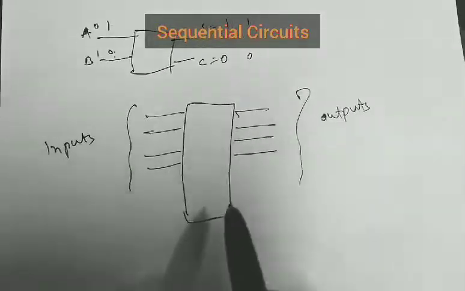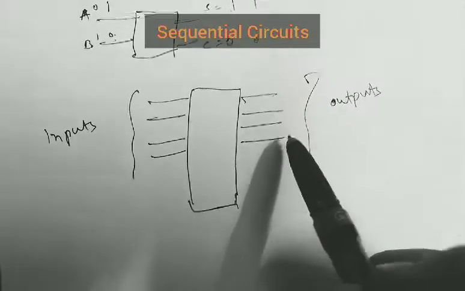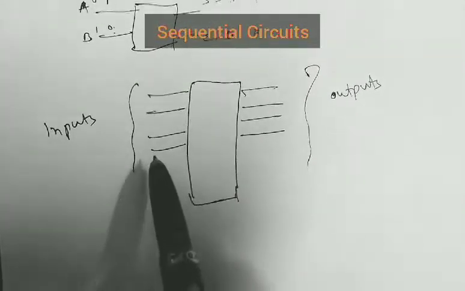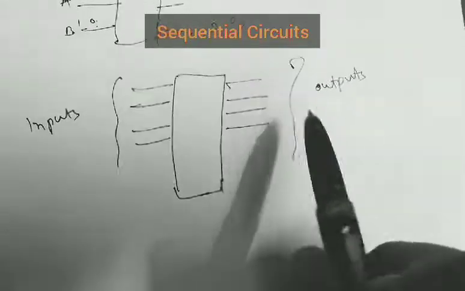Since we are calling it a sequential circuit, a sequential circuit is one in which the present output depends on the combination of present inputs as well as on the past outputs.